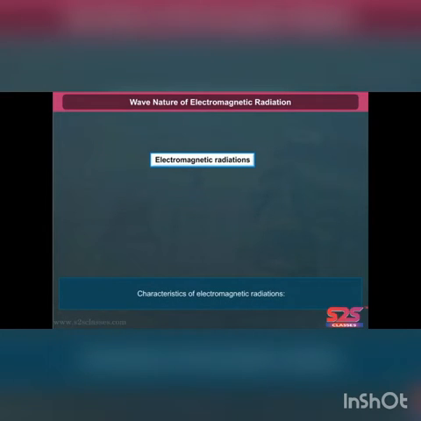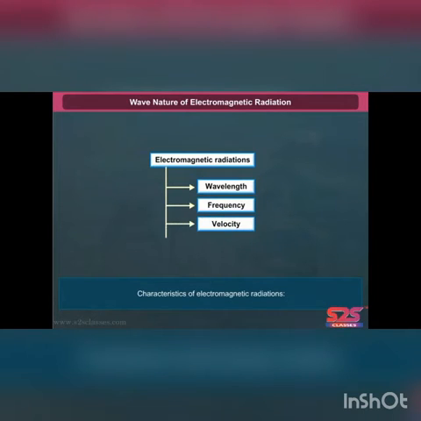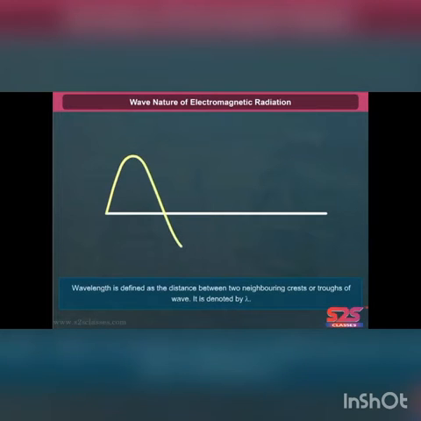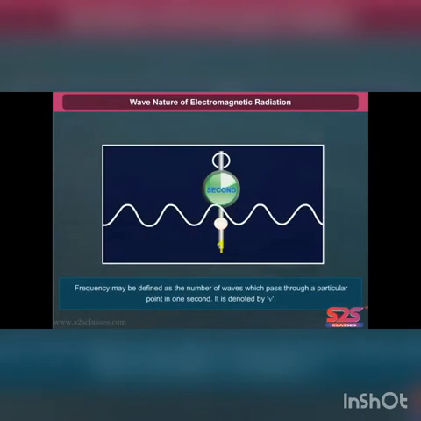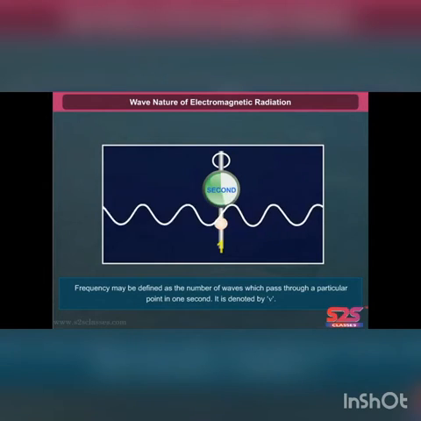These electromagnetic radiations are characterized by the properties, namely wavelength, frequency, velocity, and wave number. Wavelength is defined as the distance between two neighboring crests or troughs of wave. It is denoted by lambda. Frequency may be defined as the number of waves which pass through a particular point in 1 second. It is denoted by nu.